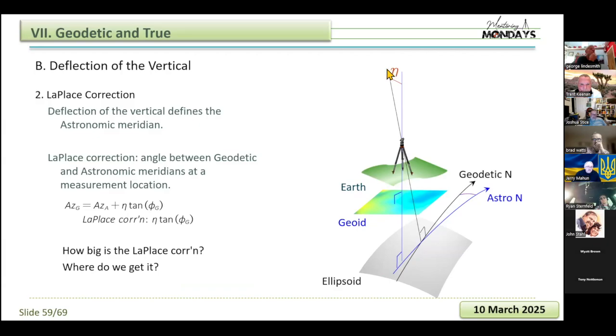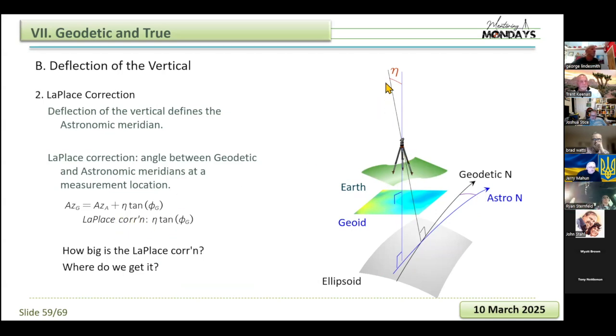Our component of the deflection of the vertical projects down, intersects the ellipsoid, and that defines geodetic north. If there is no deflection of the vertical, these two coincide. If there is, there's a slight angle between those two, and that's called the Laplace correction.